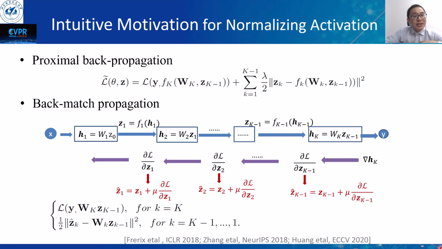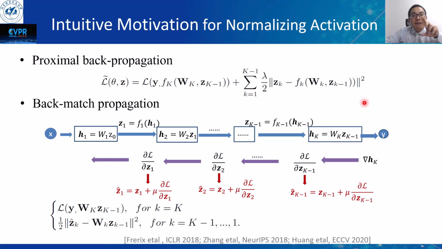Okay, let's give an illustration of this intuition under the framework of proximal backpropagation. Under the proximal backpropagation framework, the optimization can be further relaxed to optimize the weights theta and the hidden activations Z jointly, which can be described with the regularization term here.